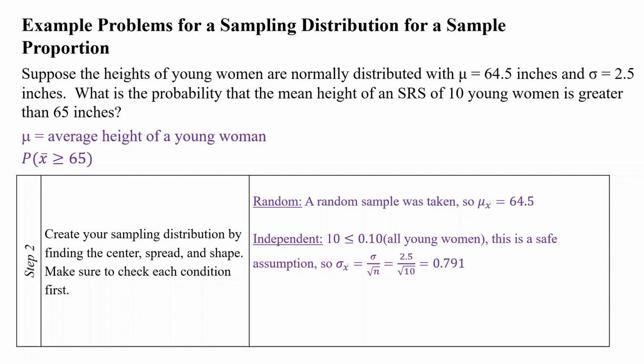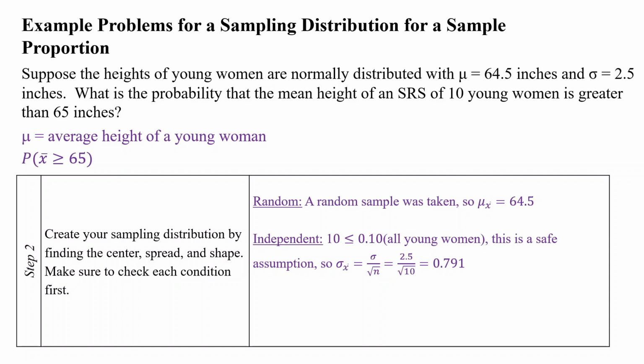There's millions of young women, so we are okay, and we can find the standard deviation of our sampling distribution by using that formula. So that's going to be our sigma, our population standard deviation, divided by the square root of 10, and that gives us 0.791.